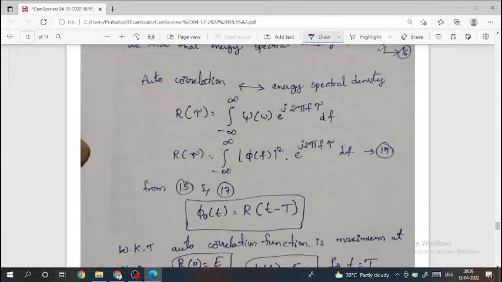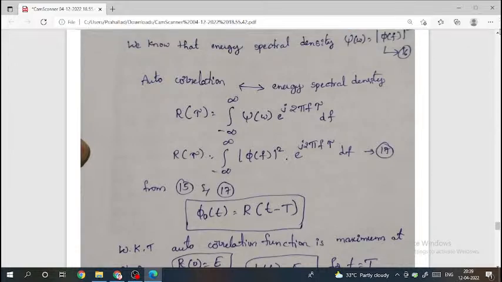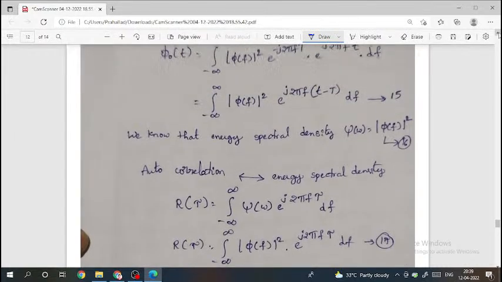In place of this, we have substituted expression number 16, then you will get this one. From 15 and 17, we can write phi naught of t is equal to R of t minus T. If you compare 15 and 17, so this is the 15, in place of tau we have t minus T.